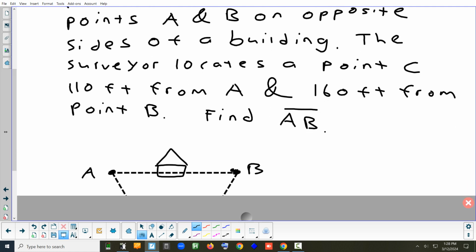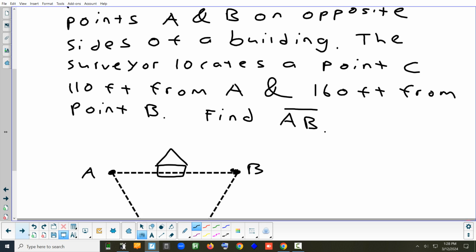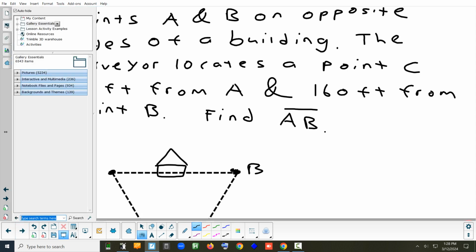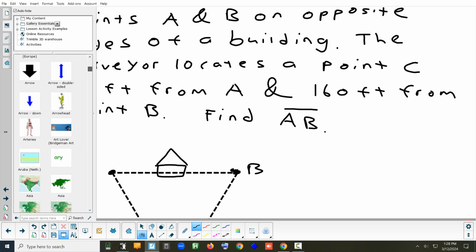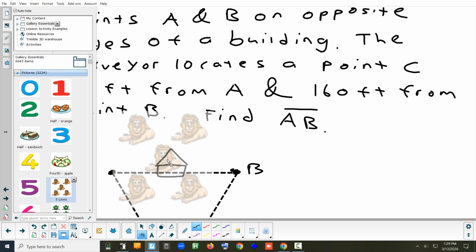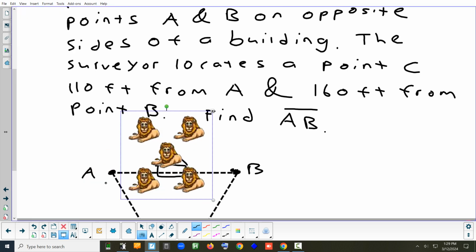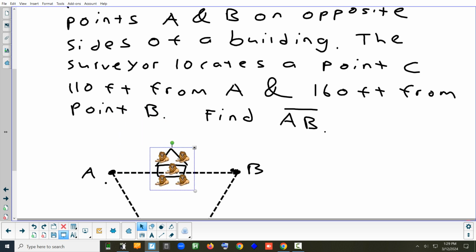So let's see what that's going to look like. We've got our object in the middle. If you don't want to think of it as a house that's in the way, you could think of it as 5 lions. We have 5 lions in the way, so we can't measure straight across because they get upset when we try to walk by and they get angry.